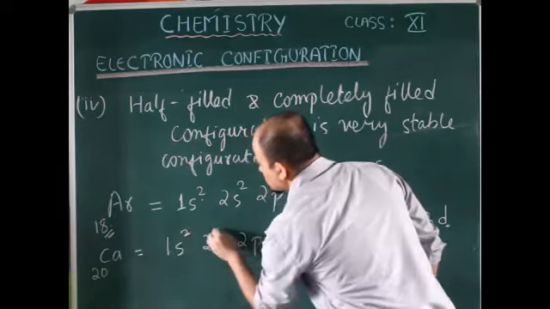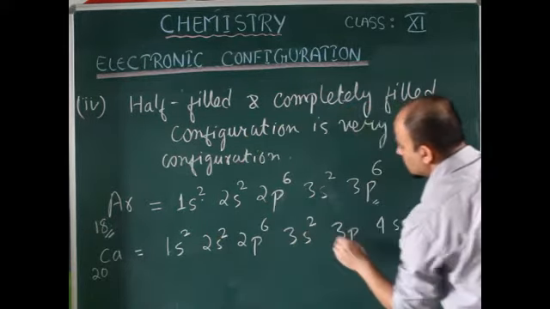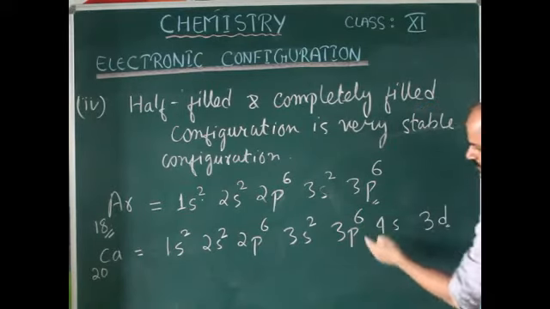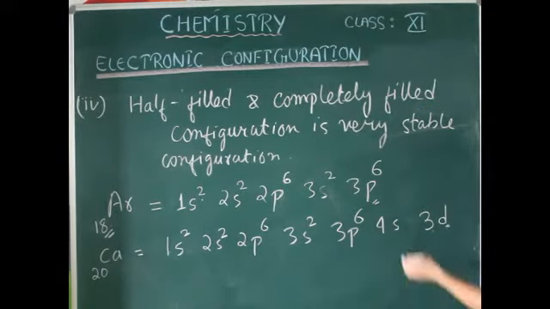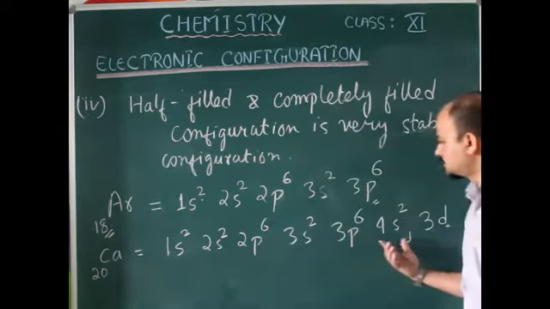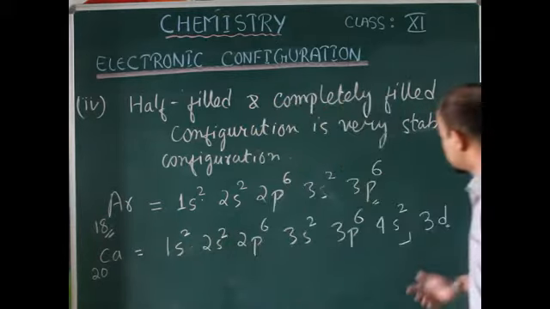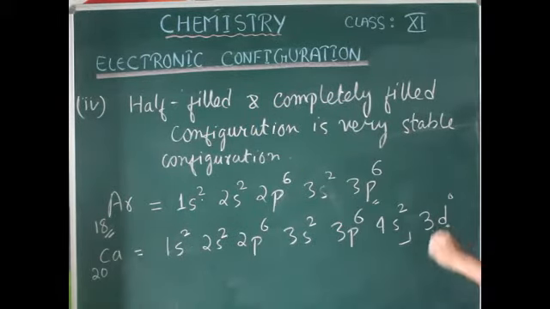So 2, 4, 10, 12, and 6, the maximum capacity is 6, so 18 and 2. That is 20. Up to here, these subshells are involved in occupying the electrons. Okay, so you can write 3d0, or if you don't write it, it makes no difference.